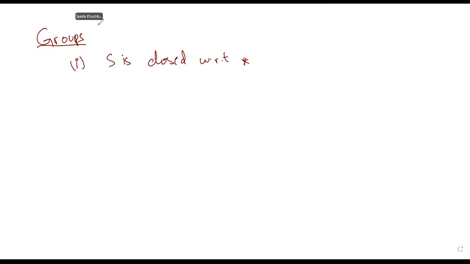Okay, I'm sorry. Right. So we have S as closed with respect to the binary operation. What is this next property? Star is associative. Yes, very good. Star is an associative property. What is the third one?